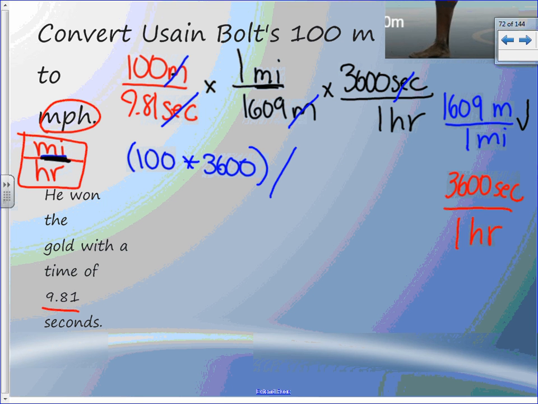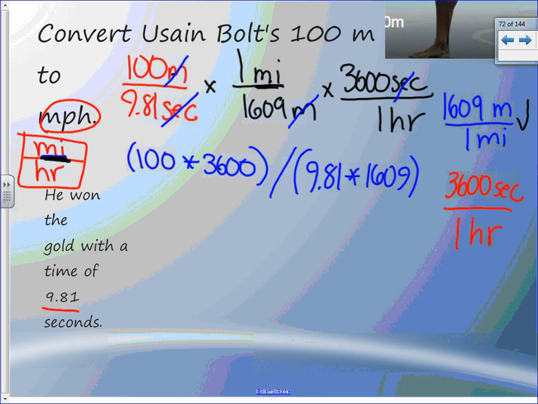So since there's more than one, I need a parenthesis. The ones we can kind of ignore because multiplying by 1 doesn't change the number. So you do have to consider how you're going to type this into the calculator. If you type it in wrong, it's not going to come out with the correct answer.